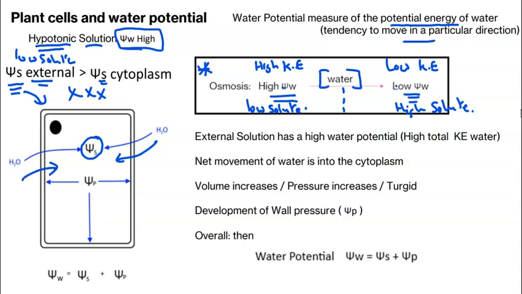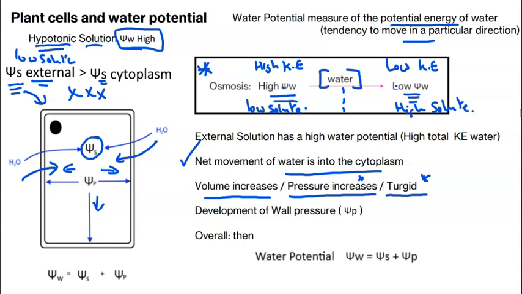Now, as we have previously discussed, this net movement of water into the cytoplasm causes a volume increase and therefore a pressure increase, which leads to a condition that we call turgidity. The turgidity and the pressure which is generated is caused by the outward pressure of the expanding cytoplasm of the cell on the wall.